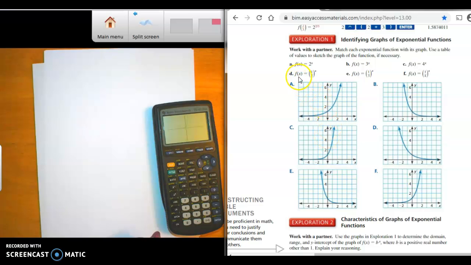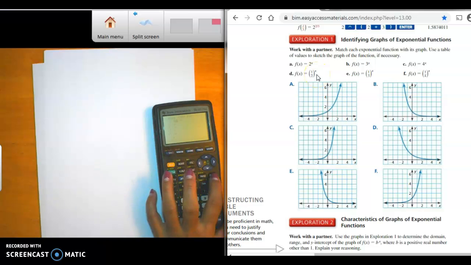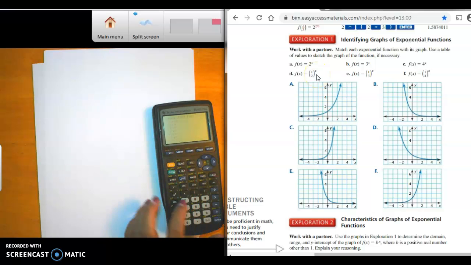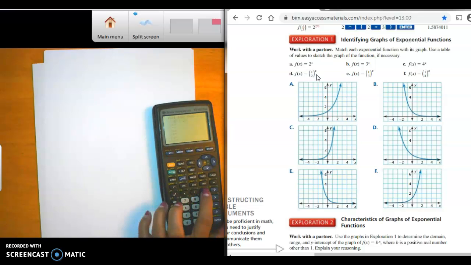And f of x equals 1/2 to the x power. Clear this. We just have to put 1 divided by 2, put parentheses on it, and then 1/2, arrow, x. We can enter and graph.